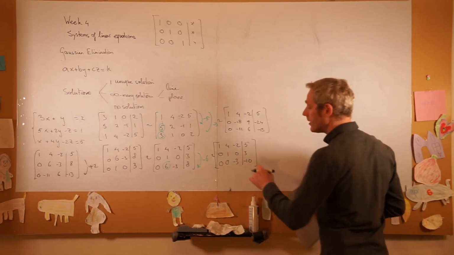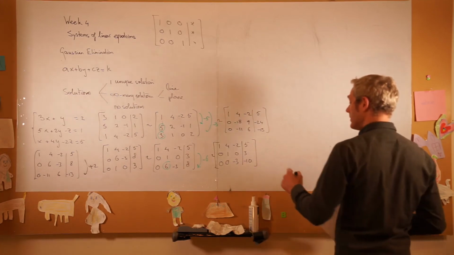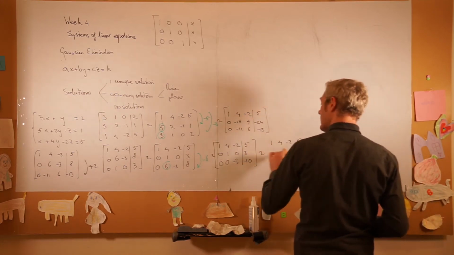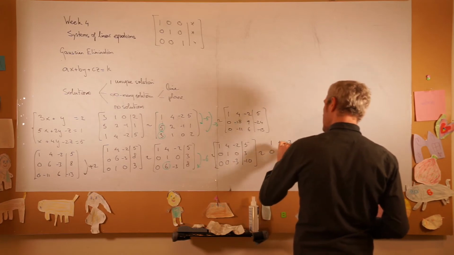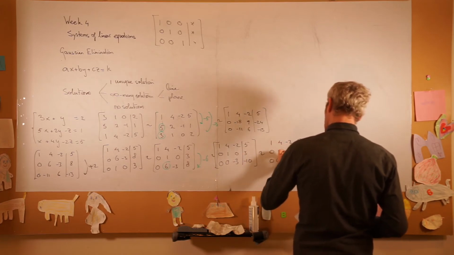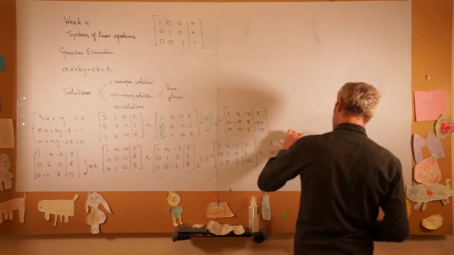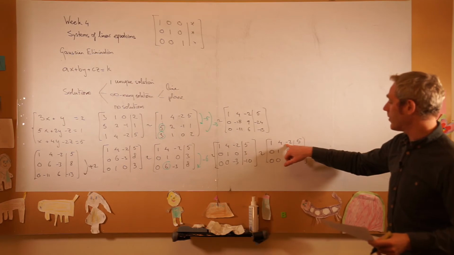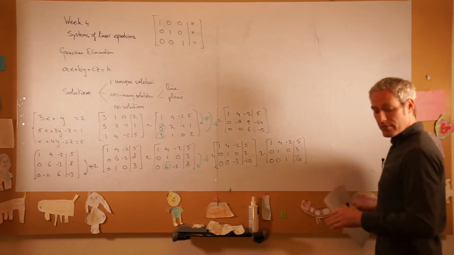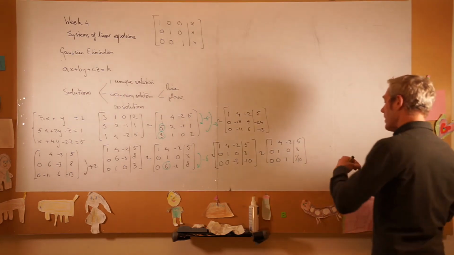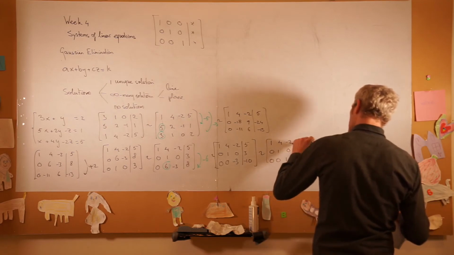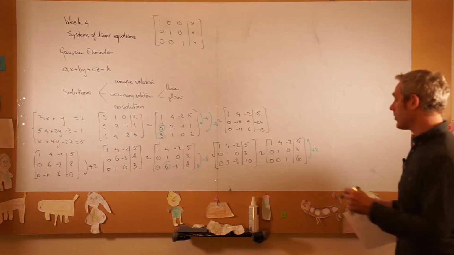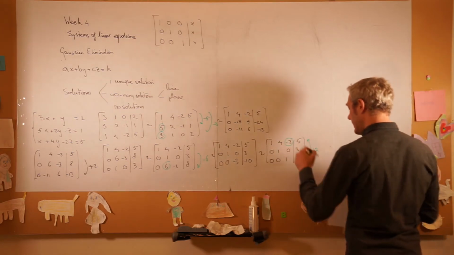I'm going to divide the last row by minus 10. So I get 1, 4, minus 2, 5, 0, 1, 0, 3, 0, 0, 1, 1 over 10. Now the last step is to create a 0 here and a 0 there. That can be done by adding the last row twice to the first row, because then I'll get my 0 here.